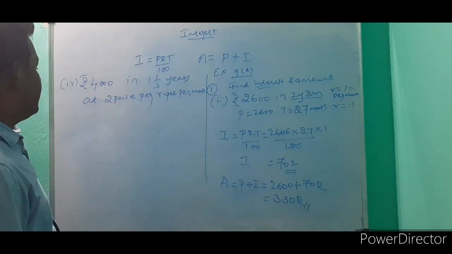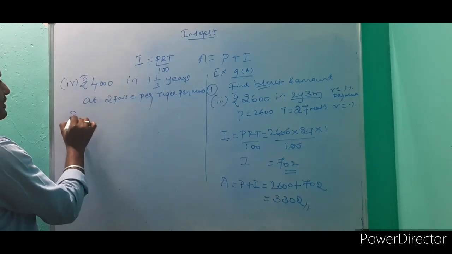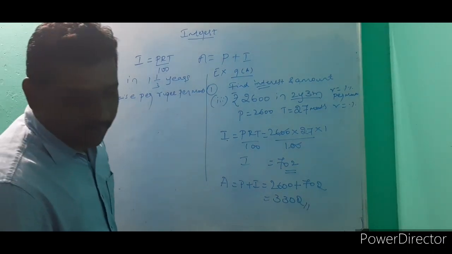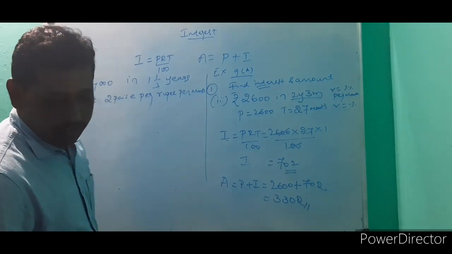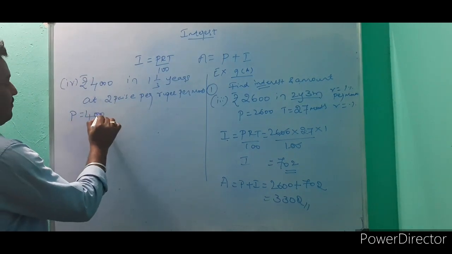Here they have given P is equal to 4000.